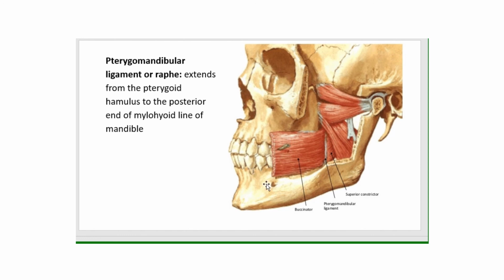Depression, elevation: all muscles of mastication, temporalis, medial pterygoid and masseter, can elevate the mandible except the lateral pterygoid. Protrusion: masseter, and the lateral and medial pterygoids protrude the mandible.